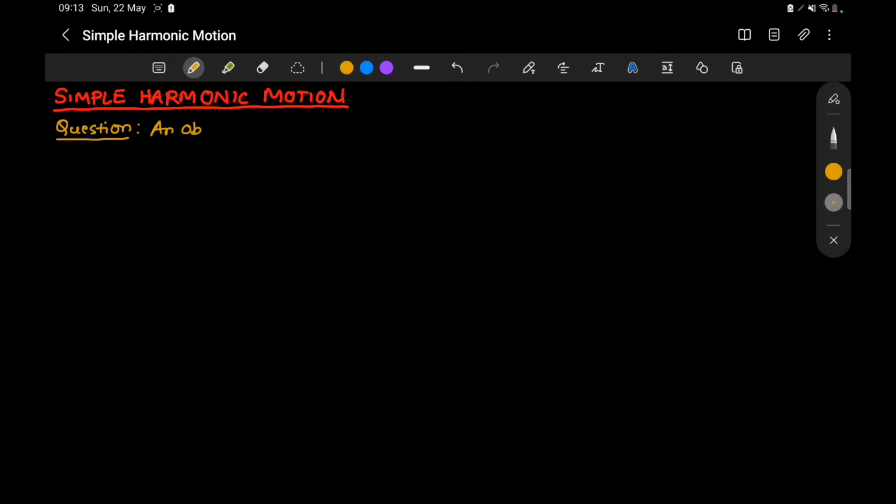An object oscillates with simple harmonic motion along the x-axis.